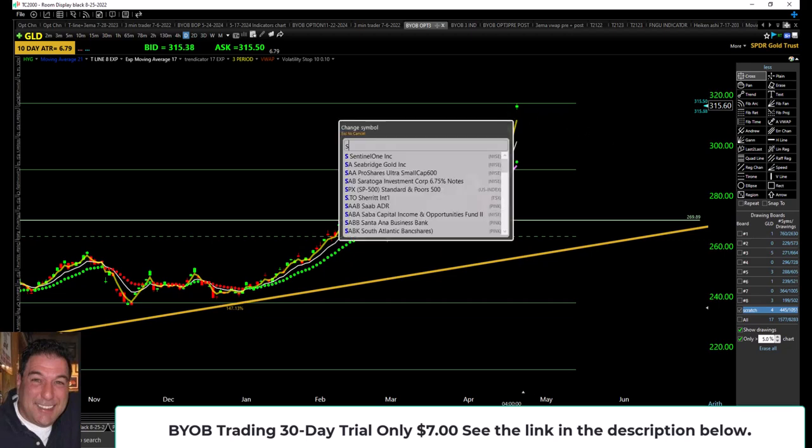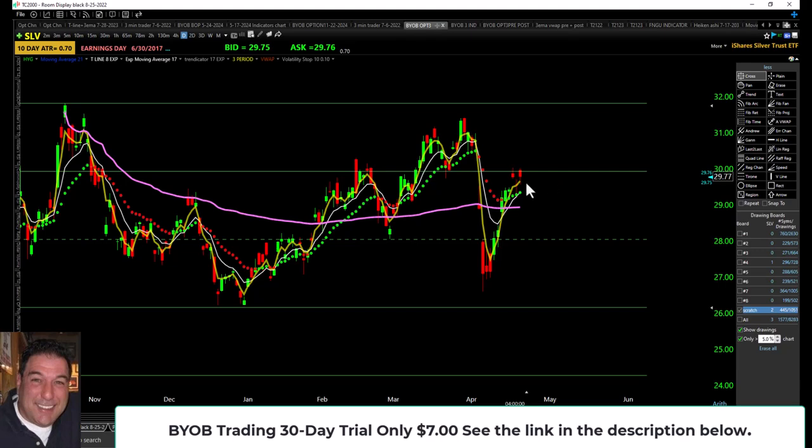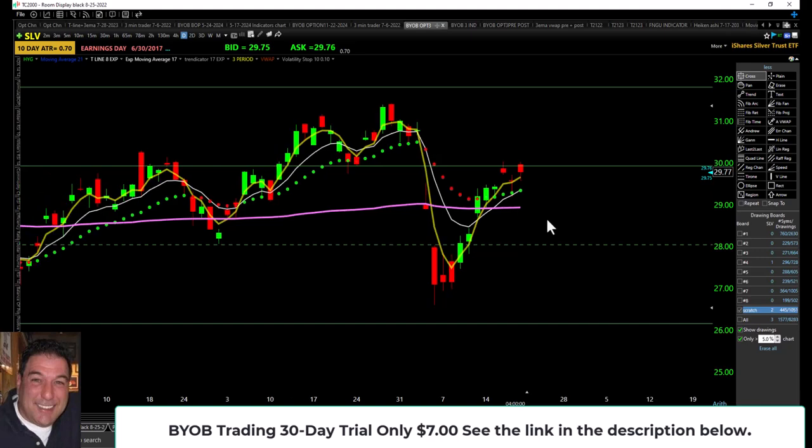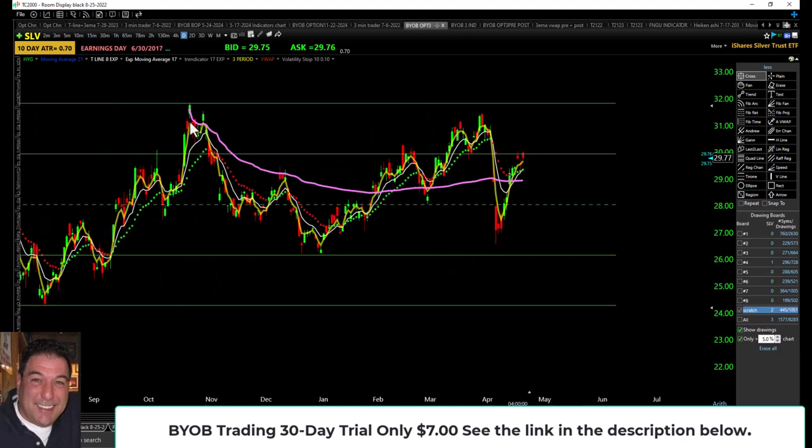Let's take a look at SLV. SLV got a higher low, higher high, closing over a bullish trap, over the hooking 17. See how the colors turn from red back to green, closing up over it, over the hooking 17. This is a 12-year high anchored VWAP that doubles as a 6-month high anchored VWAP.